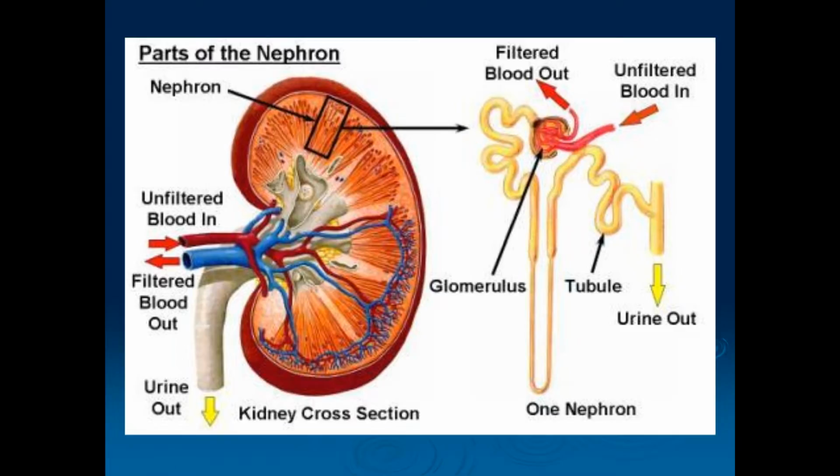Other solutes such as creatinine, hydrogen ions, and potassium are excreted. Water and solutes that are not reabsorbed become urine, and so whatever's not reabsorbed here will end up making urine, and then the urine will collect and flow through the urinary system.